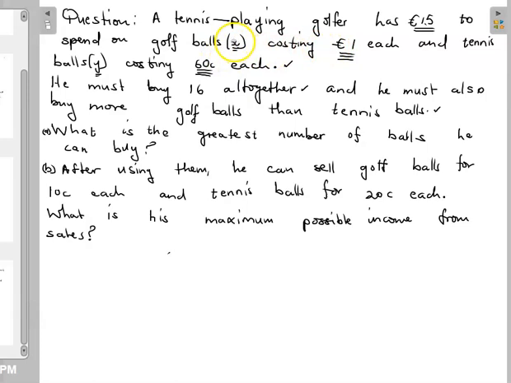One ball costs 100 cents and I buy X of them, so the total amount I will use for golf balls is 100X, which simply means 100 cents times the number of balls. Now I'll combine this with the amount I'll spend on the tennis balls. The tennis balls are the Ys and they cost 60 cents each. So if I buy Y balls at 60 cents each, that gives me a total amount of 60Y.